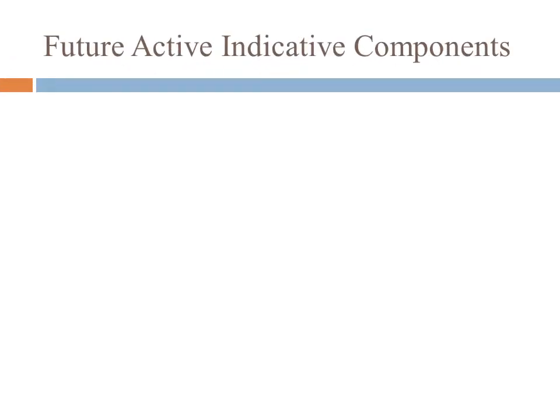The future active indicative components. The future active indicative, of course, the mood is indicative, and all of the tenses that we will have this semester will be indicative. The tense is the future tense, and the stem is the future as well. Let me explain this.